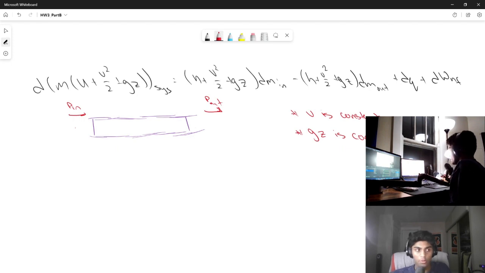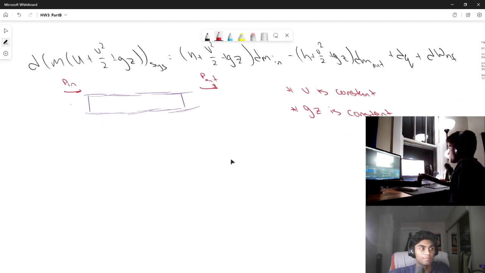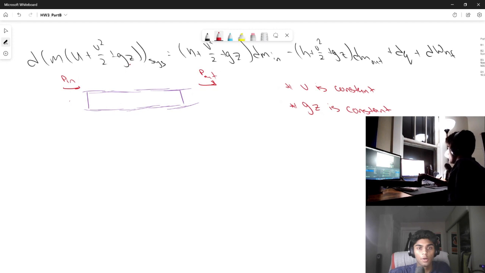Now, we can do a couple things with this information that we have. Since we have a constant velocity and a constant gravitational potential energy, we're going to assume that this is a steady state reaction or steady state flow.